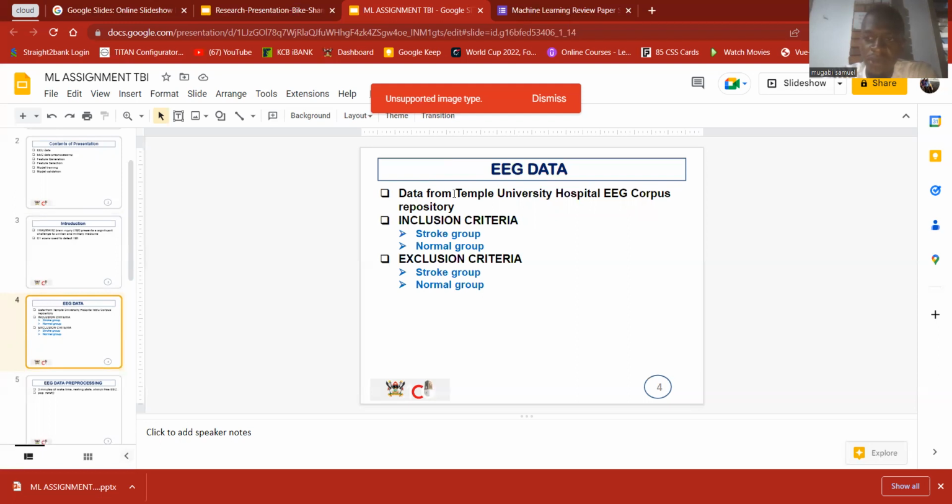The age range we used is from 12 to 85 in this data, and for the exclusion criteria, from the same age range, if someone had, let me say, traumas, neuro problems, or epilepsy, those ones were excluded in this data set.